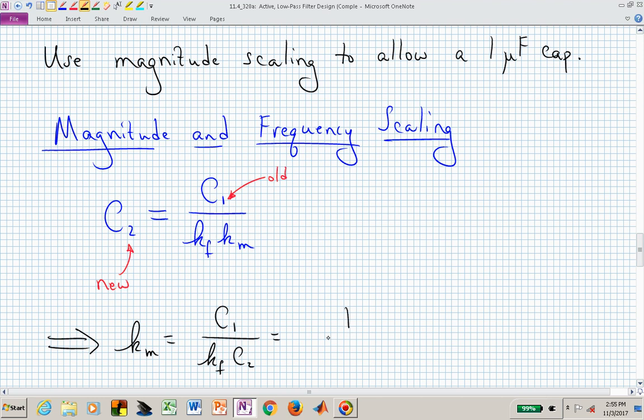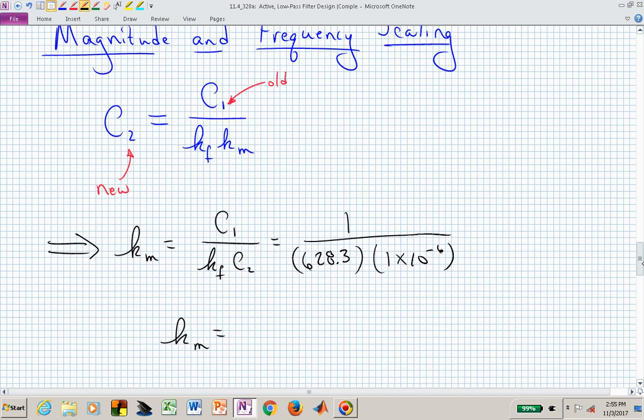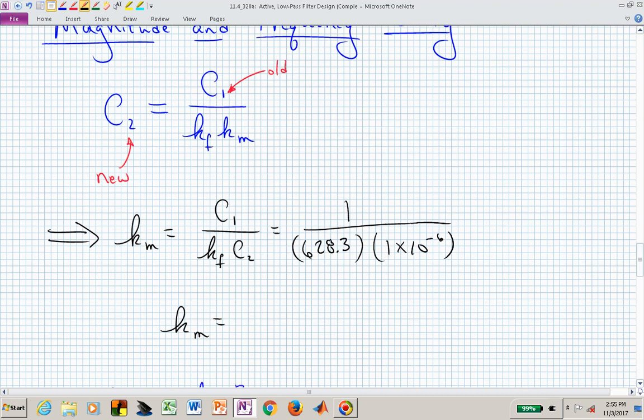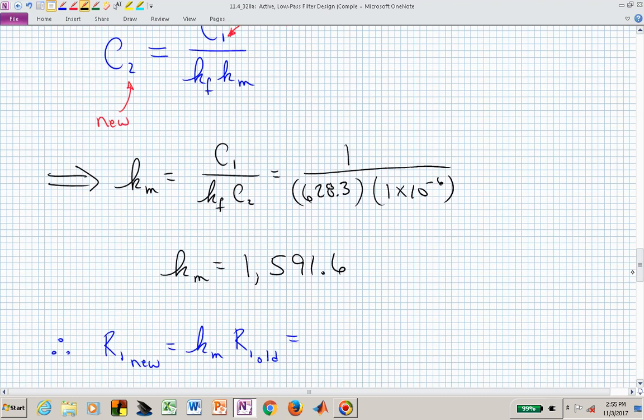Or we can now say that this is 1 over, carrying through a few more decimal places, 628.3, and C sub 2 is 1 microfarad, which is 1 times 10 to the minus 6. This now allows us to compute that numerical value, which in this case is 1,591.6. That's now our magnitude scaling constant, and resistors do have to be magnitude scaled. They don't have to be frequency scaled.